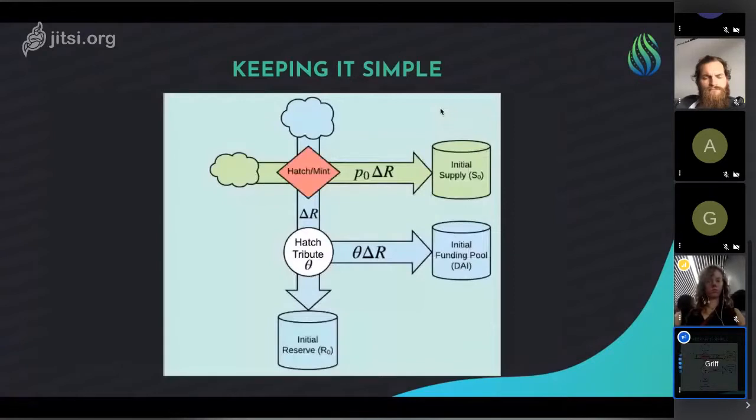So this is kind of a whiteboard of that graph that I just showed, where the green represents tokens and the blue represents DAI, where when funds come in, it's the hatch tribute, which is the percentage of money that goes to the funding pool that the hatchers donate. That money is split between those two pools, and then tokens are created.